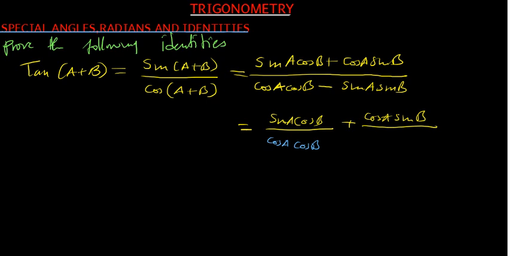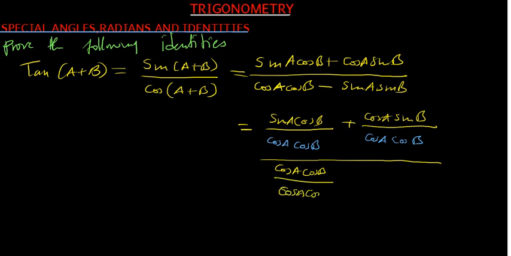We also divide it by the same thing, cos a cos b, and then we go down, so we write this and then divide by itself, cos a cos b divided by cos a cos b, and then it's a minus there, minus sin a sin b, and then we are also dividing it by cos a cos b.